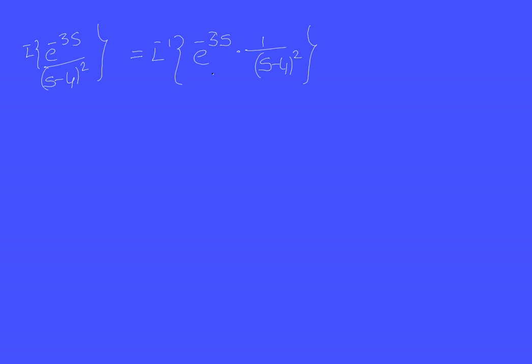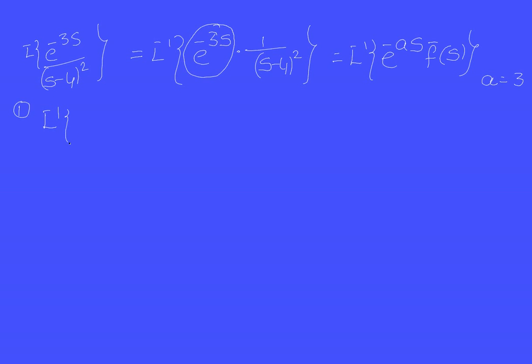So now it is in the form of L inverse of e power minus as into f bar of s. Okay, so what is the a value? a is equal to 3. Okay, so now I will solve the problem. So except this e power minus 3s, we take the inverse Laplace of this one.